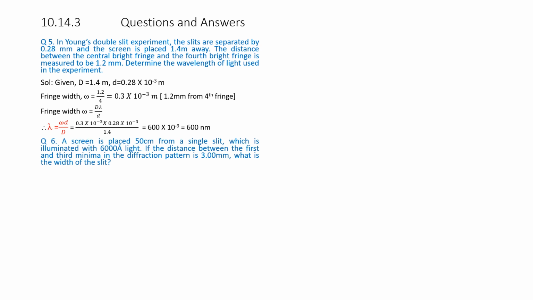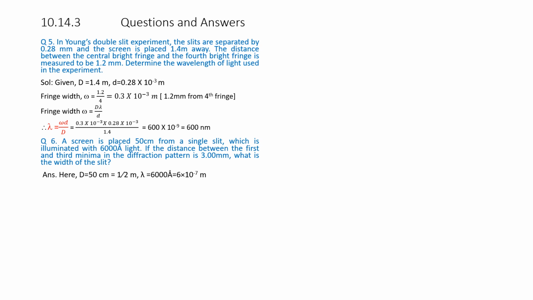Question number 6. A screen is placed 5 meter from a single slit which is illuminated with 6000 Armstrong light. If the distance between the first and the third minima in the diffraction pattern is 3 mm, what is the width of the slit? Here capital D is equal to 50 centimeter, that is equal to half meter.